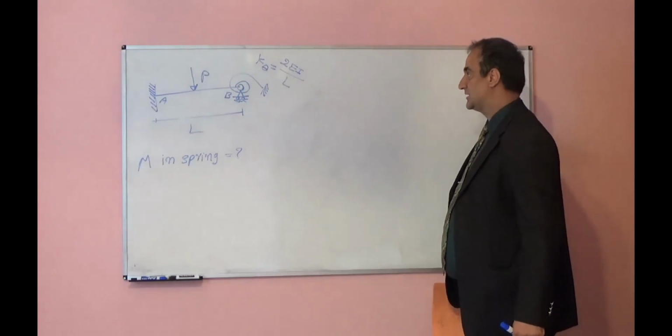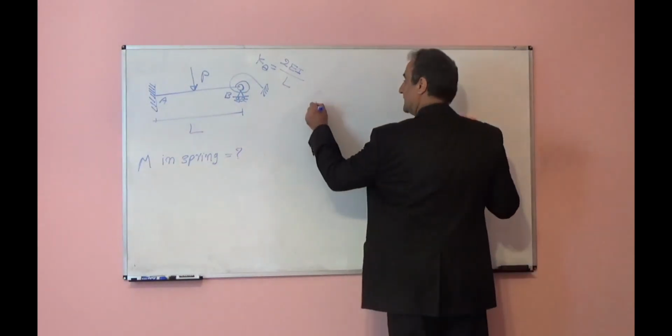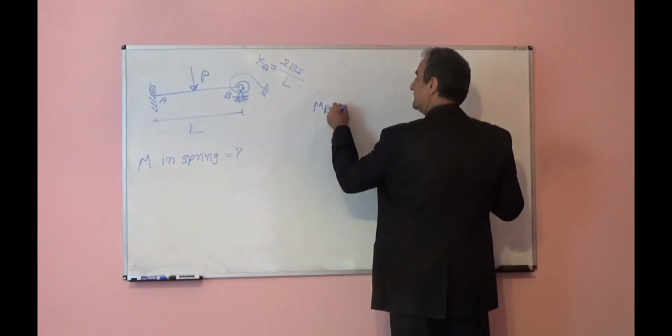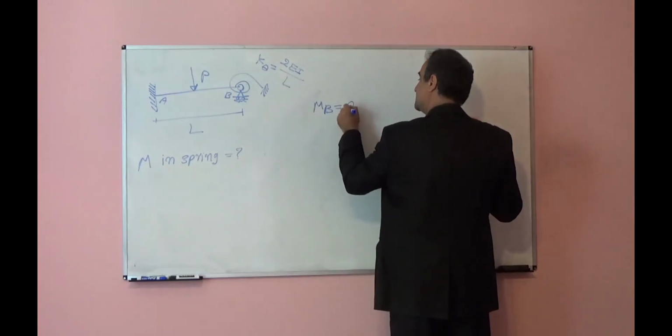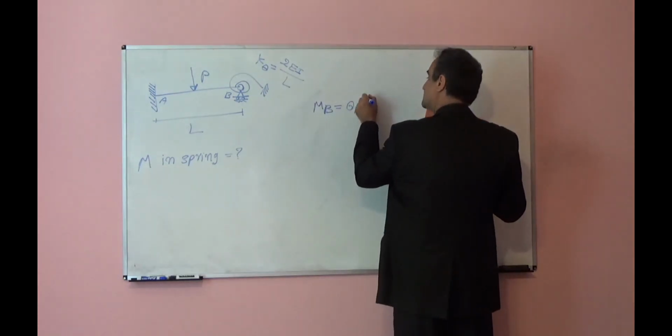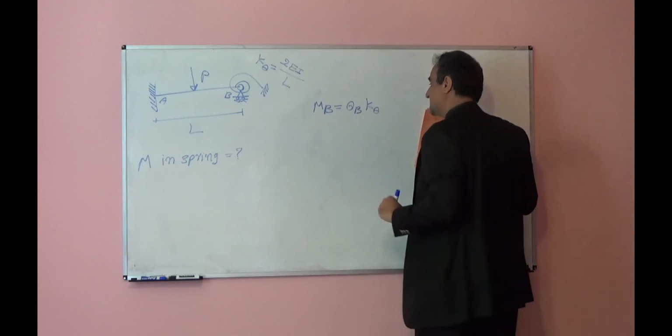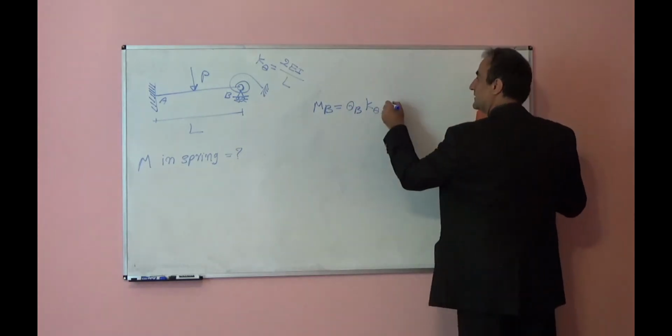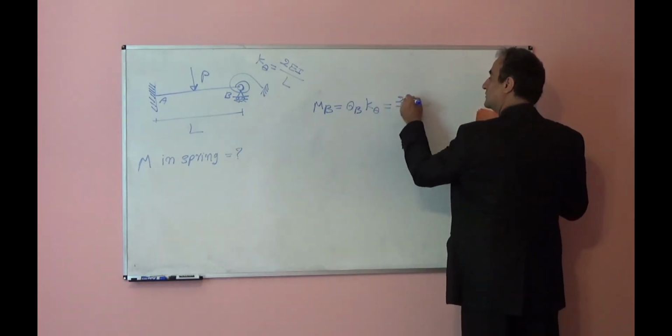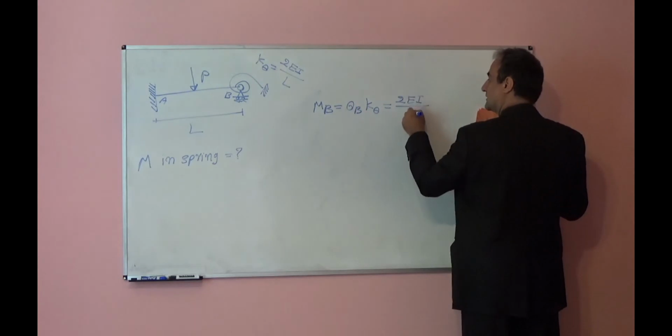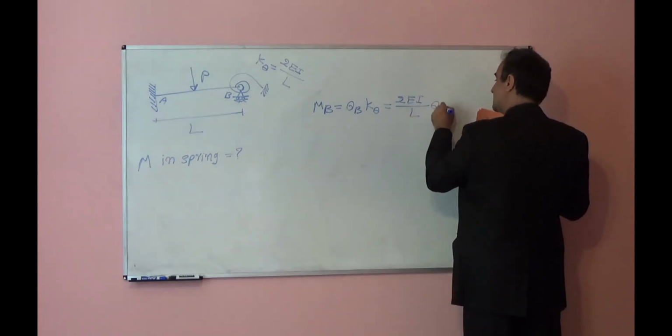Moment in the spring will be the rotation at point B, which is theta B, times the stiffness of the spring, K theta. That will be equal to 2EI over L times theta B.